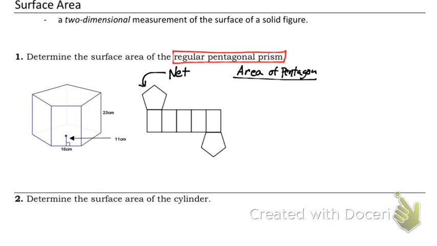Our area of our pentagon is going to be half our apothem times our perimeter. So the area of this particular pentagon is half, and it gives us our apothem right here. Remember, that's the line that goes from the center to any side of our polygon, and that's 11. So it's half times 11 times our perimeter.